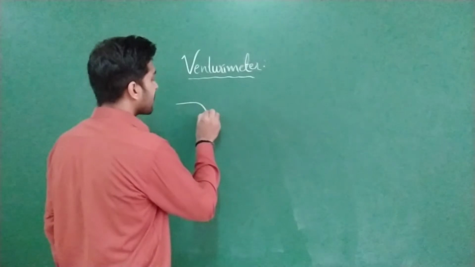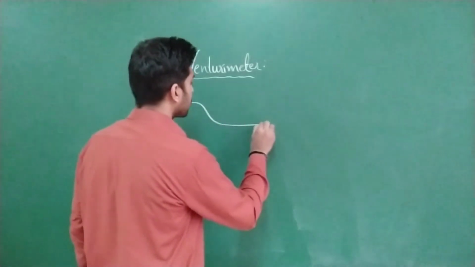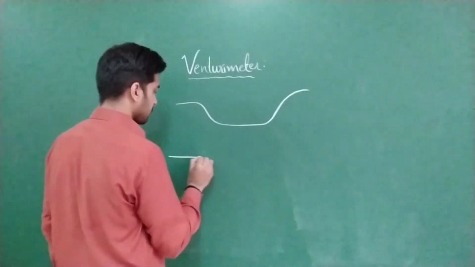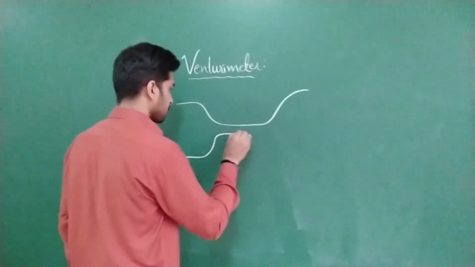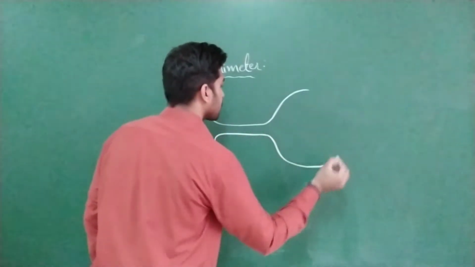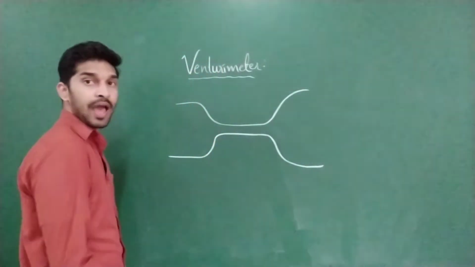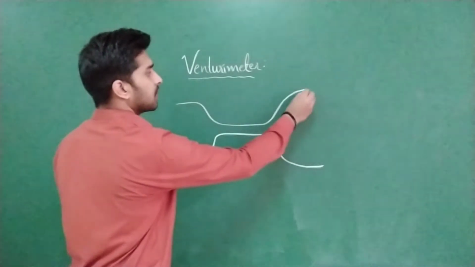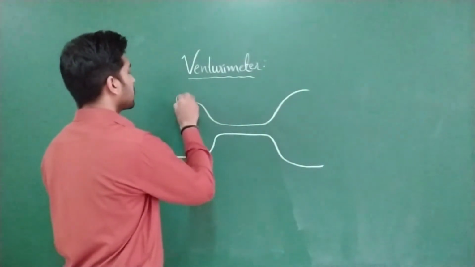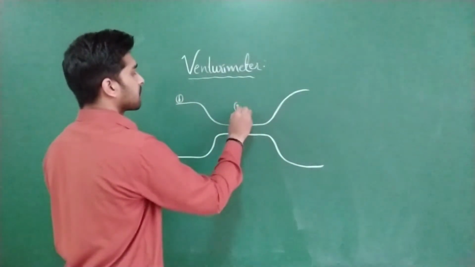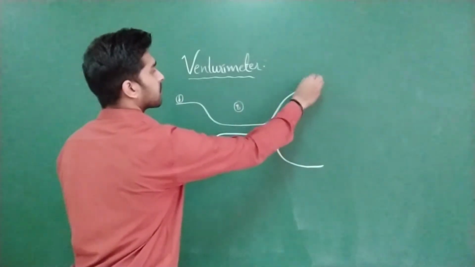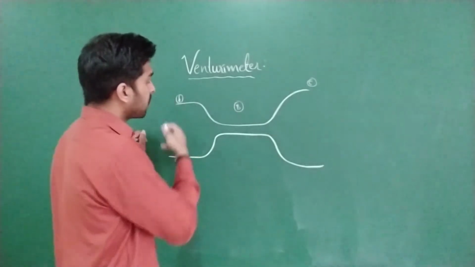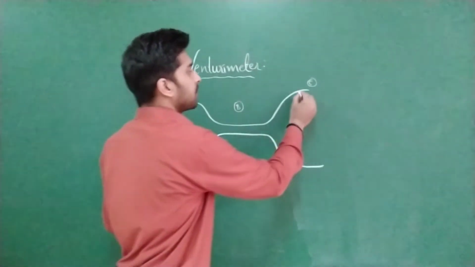It will have a horizontal pipe in this shape. This pipe will have 3 parts: part A, part B, part C. This is A, this is B, and this is C. A and C have broader necks, that is, broader cross-sectional area.